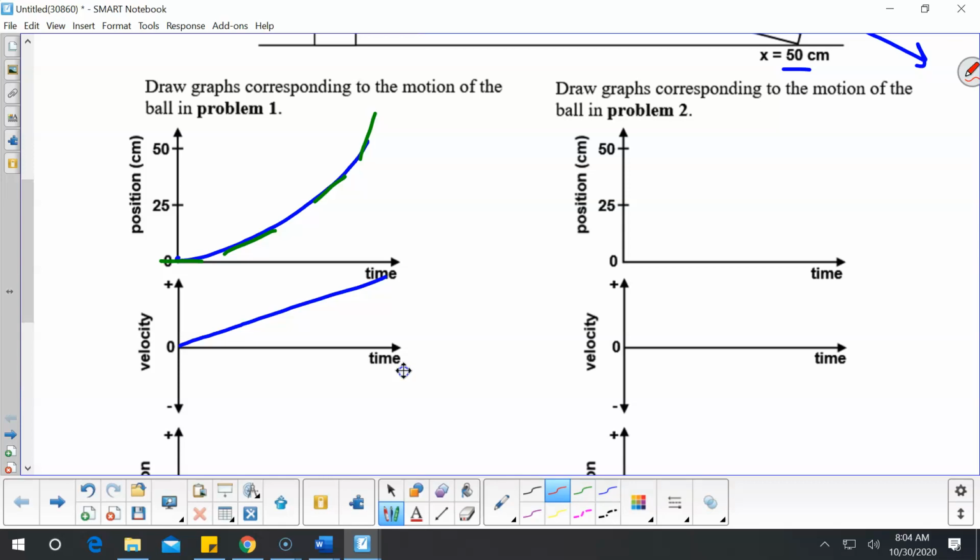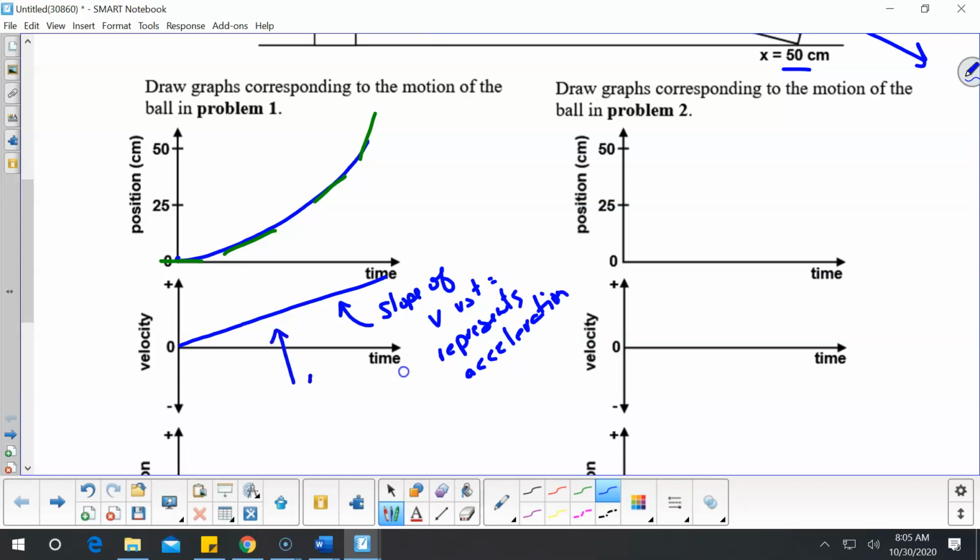Now, the other part is the acceleration. So the slope of the velocity versus time graph represents this acceleration. Therefore, this slope is constant, it's a positive constant slope.